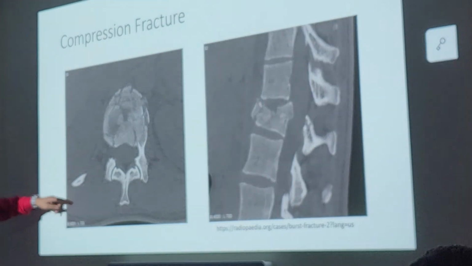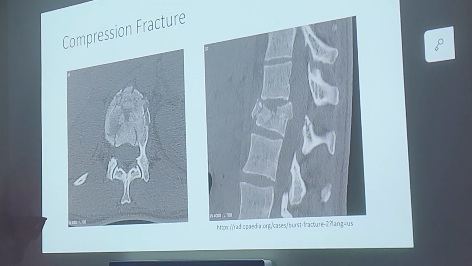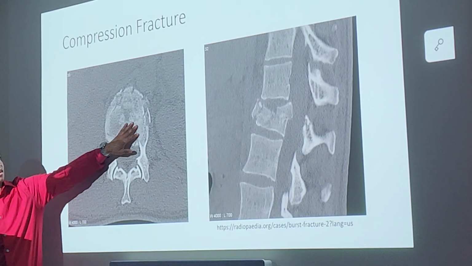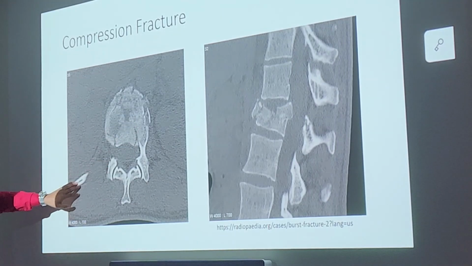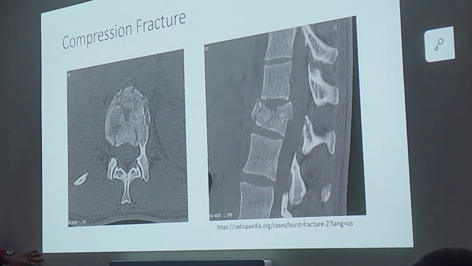So this is another CT right here. It kind of looks like a burst fracture. You know how you said when you squeeze it, it kind of goes the opposite ways. So it looks squished and kind of fractures outward. This was also a compression fracture right here. You see the length of this, and it's just half of that, right? That's another indication that it's compressed.